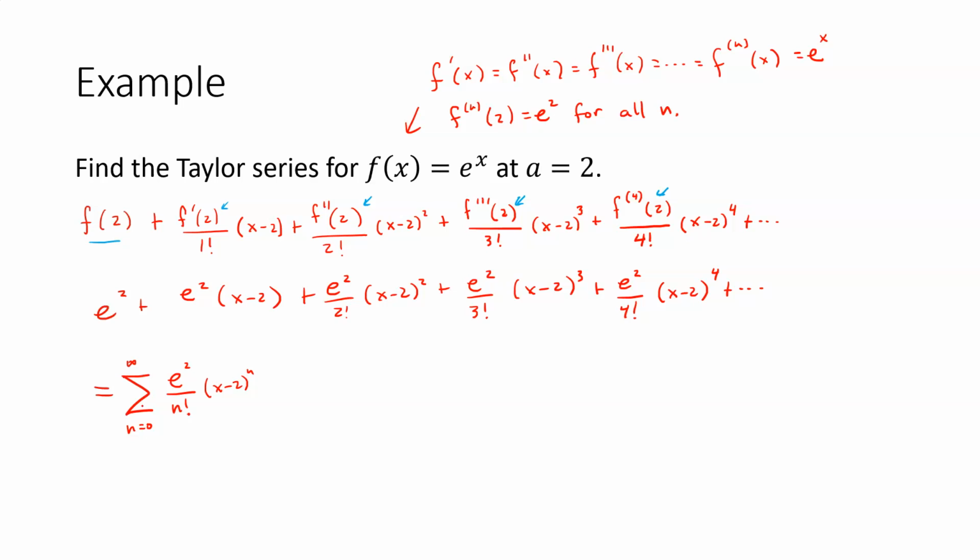Now what's a little bit strange about this is that you need the value of e squared to get an approximation for e to the x. So this is probably not the best way to approximate the values of e to the x if I need a value of e squared in order to do it.